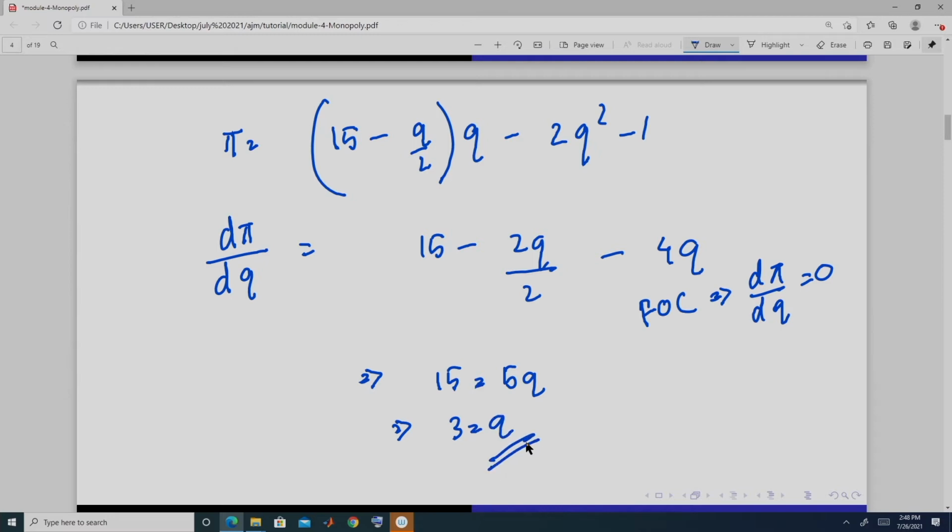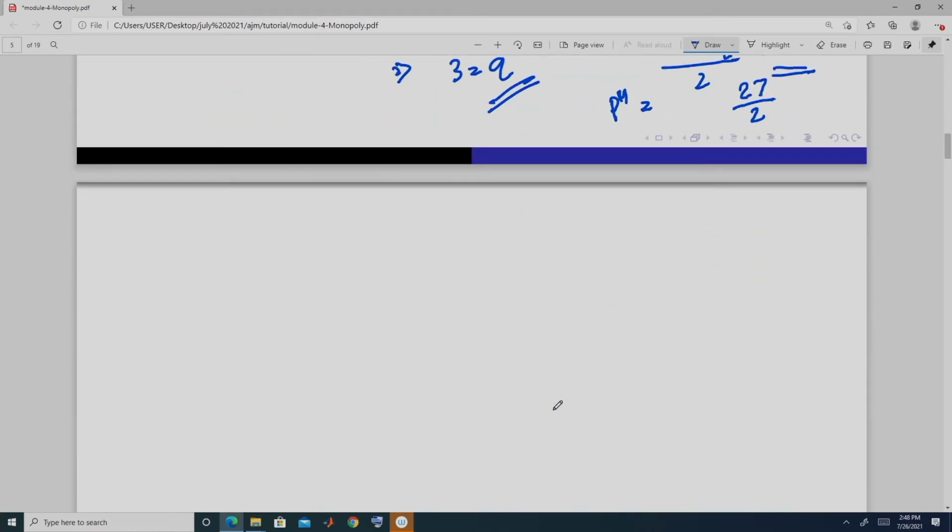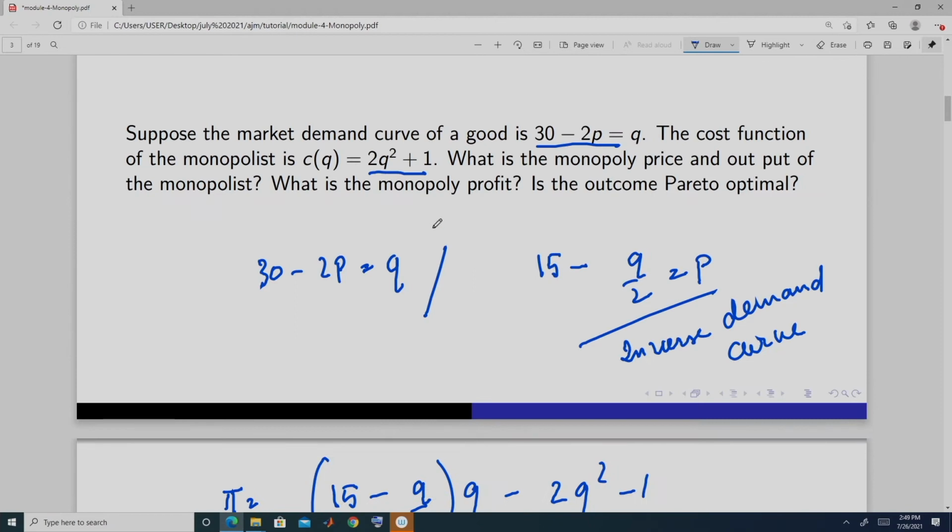So, we get this is the monopoly output, and what is going to be the monopoly price? Monopoly price is going to be this. So, plug in here, it is 27 by 2. So, this is the monopoly price and this is the monopoly quantity. Now, what is going to be the monopoly profit? Monopoly profit is price times output minus the fixed cost, and fixed cost is 1.